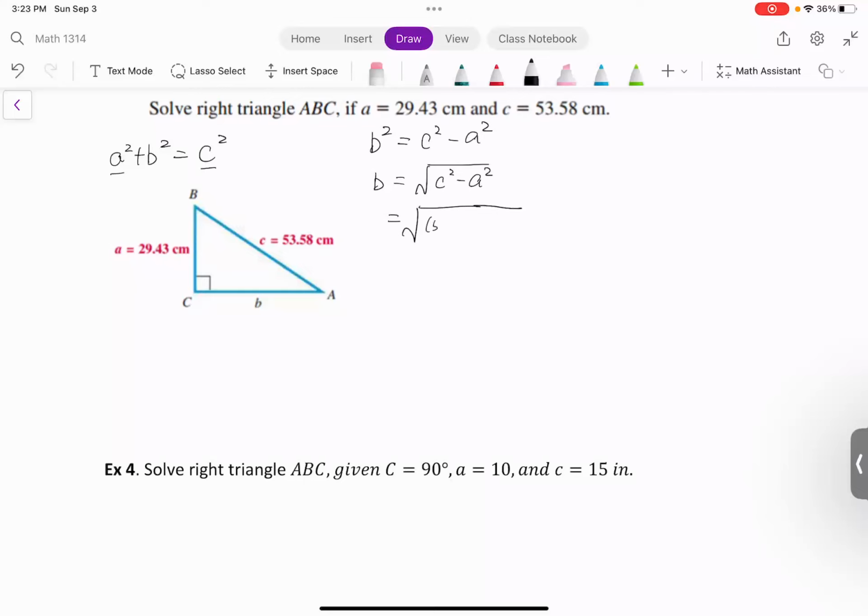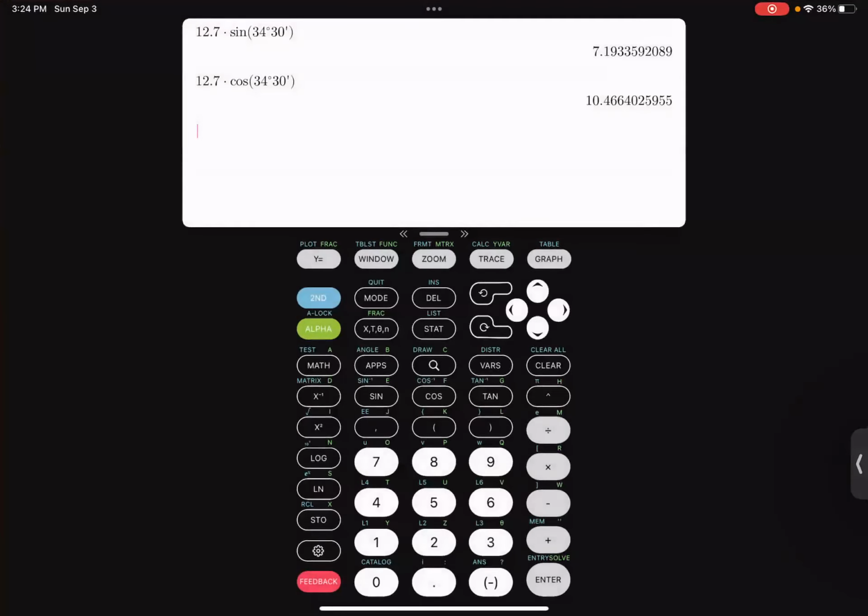So it is 53.58 squared minus 29.43 squared. Let's use our calculator because this is too much computation. I need to click second, x squared. This is a big square root. And then my first number, it's hard to memorize the number, I think is 53.58, all of it squared.